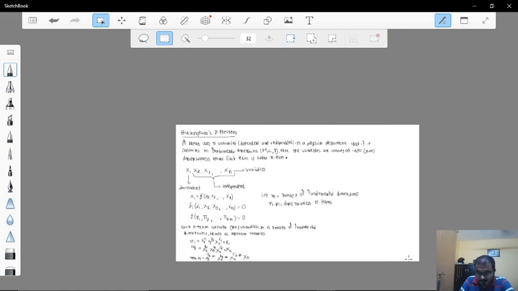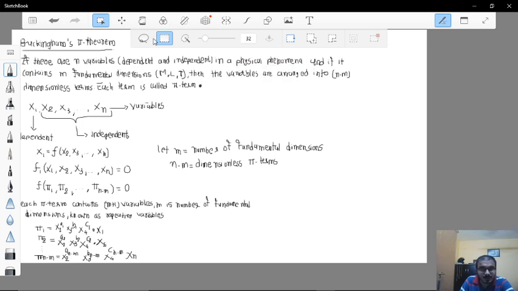So now there are few things we need to take care, that is selection of repeating variables.